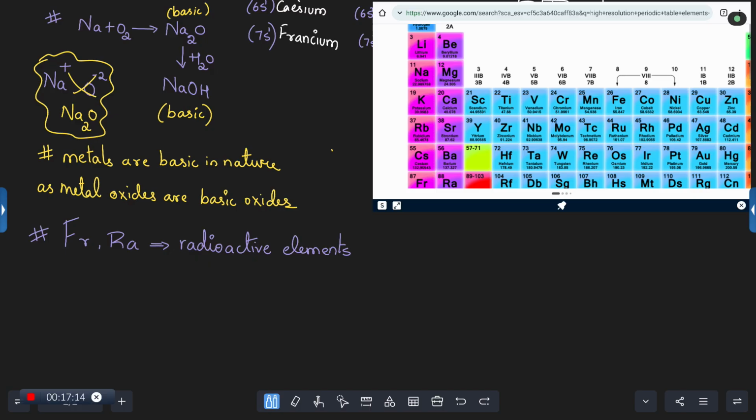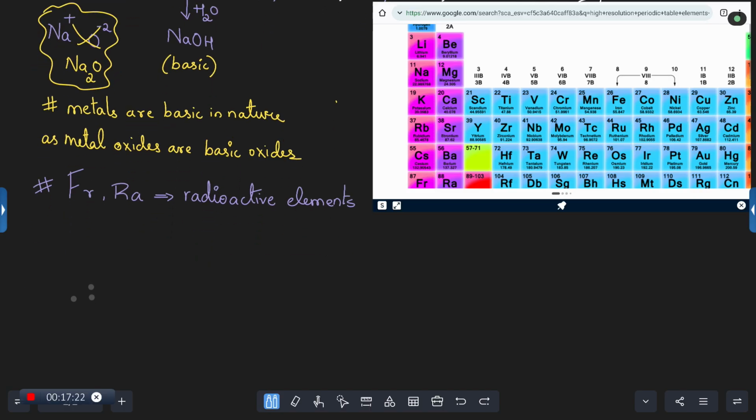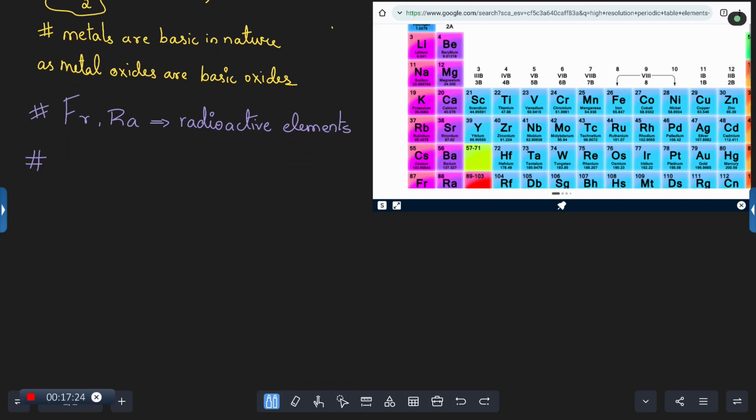Alright. Understood? Now we'll go for the nature of metals. What type of bond will metals form? Metals generally form cations, right?